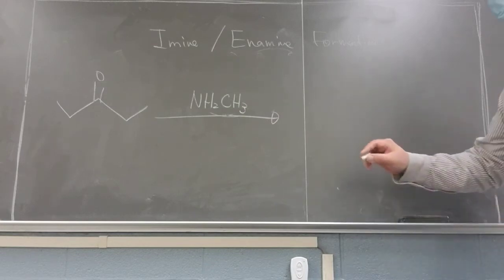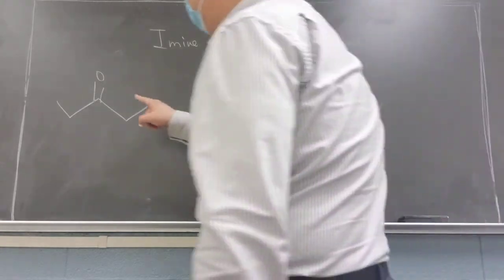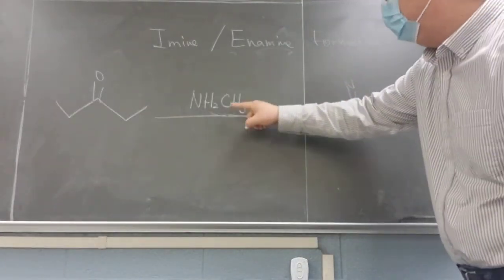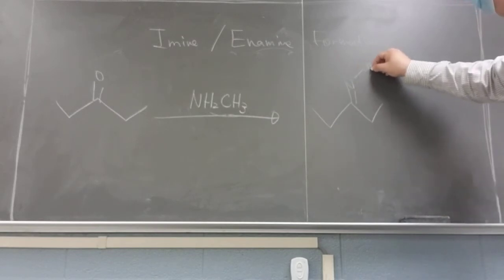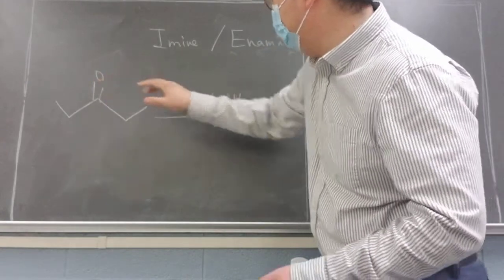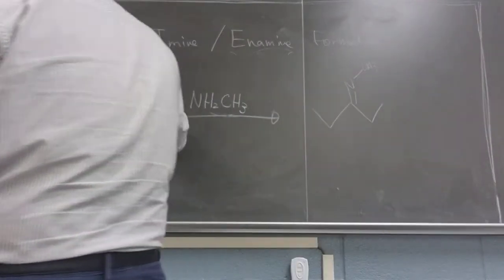Okay, so what you can do is once again switch this one to nitrogen and keep this R group. Just these two will be gone, and we have N. You forget, right? Okay, let's move on.